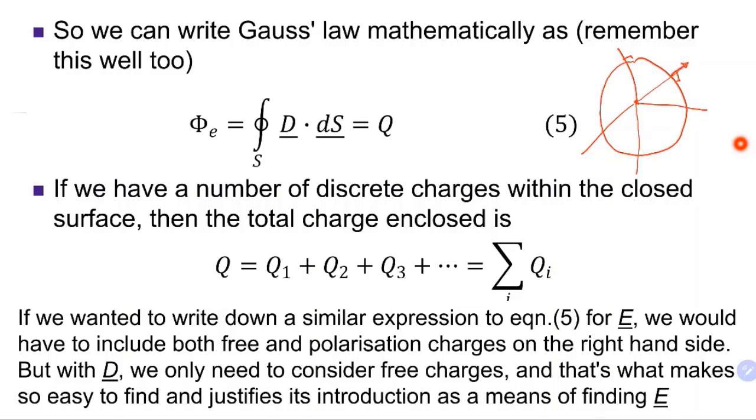So D and dS are always in the same direction, and D dot dS is simply D times dS.